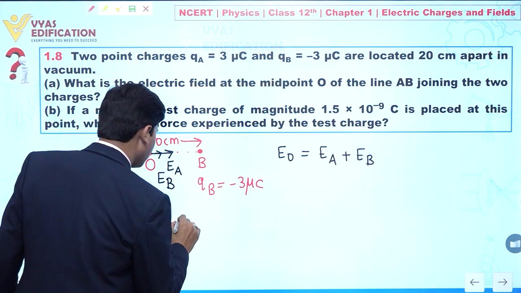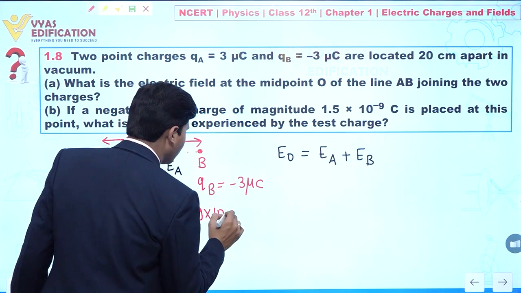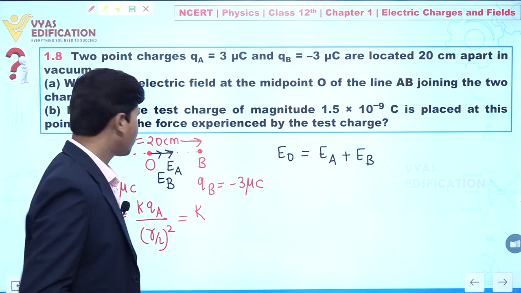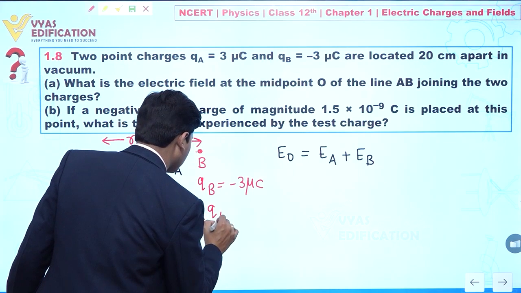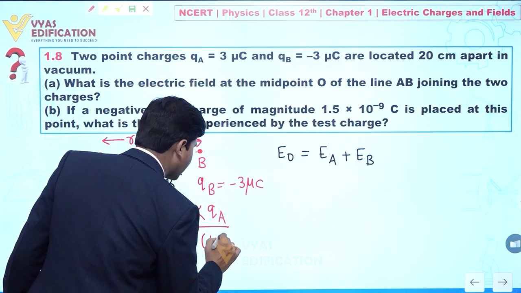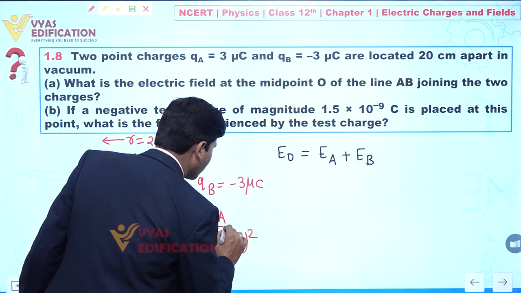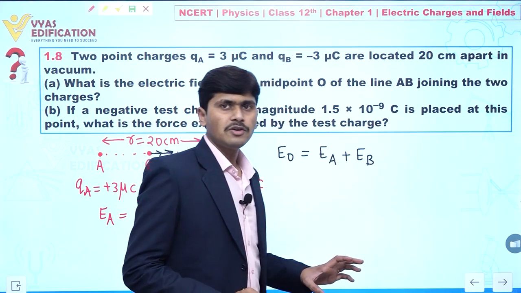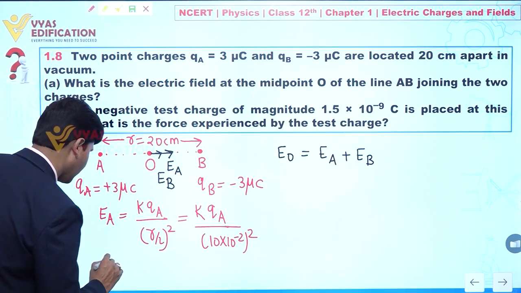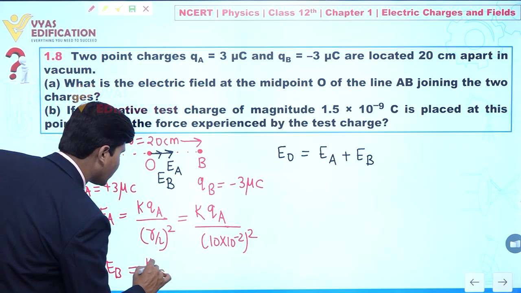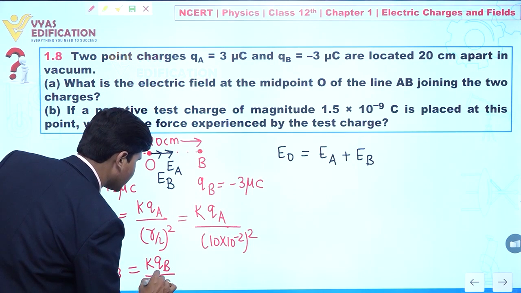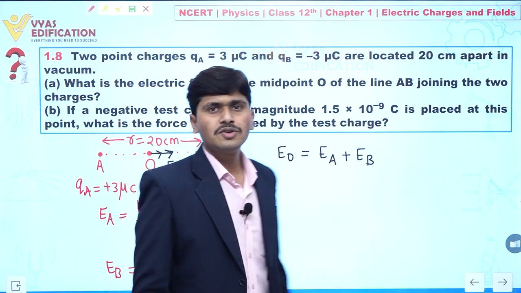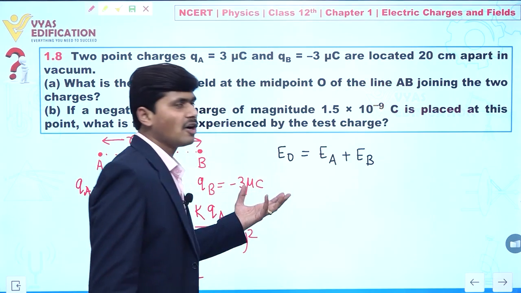So K QA divided by 10 centimeter, that is 10 into 10 to the power minus 2, whole square. This is the value of EA. Same way, the value of EB is given by K QB divided by 10 into 10 to the power minus 2 whole square. Now we are going to calculate the value of the electric field.